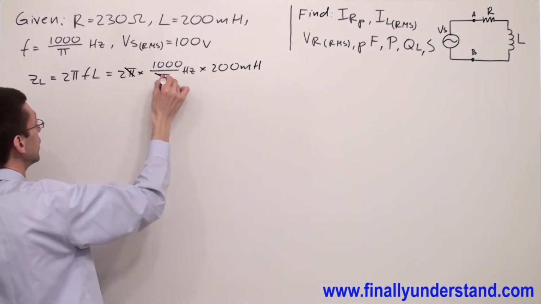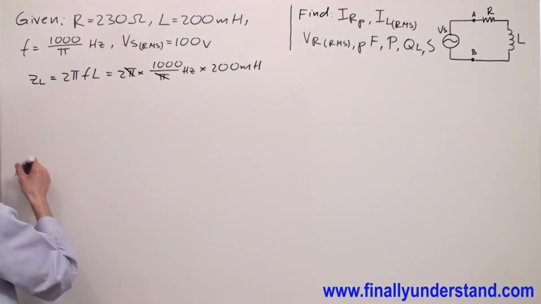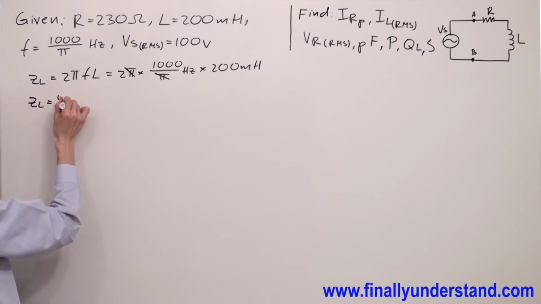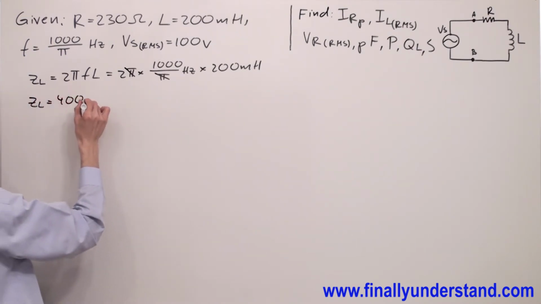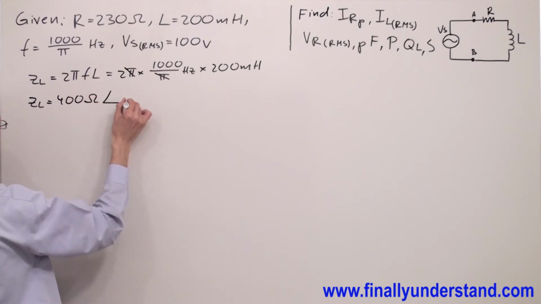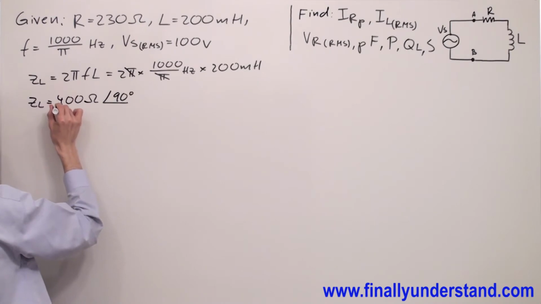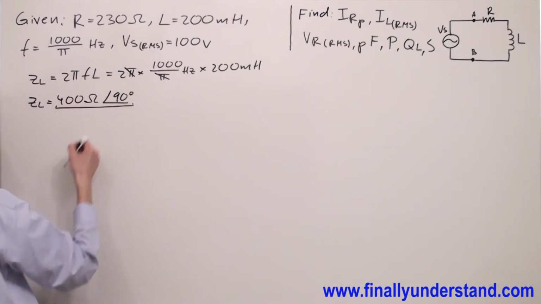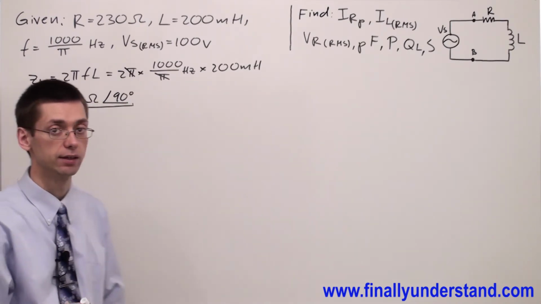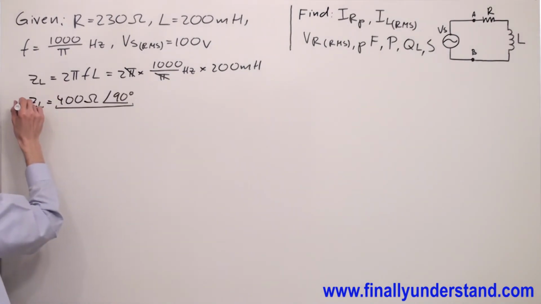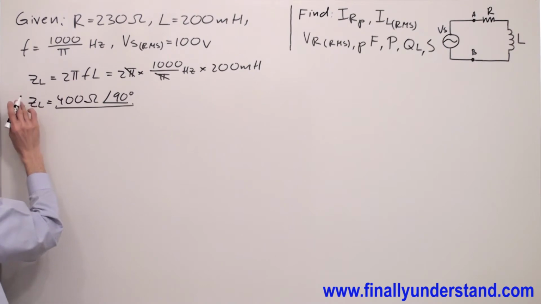Pi and pi will cancel out, so ZL is equal 400 ohms, and don't forget about angle of 90 degrees. ZL goes always with angle of 90 degrees. ZL or X of L, right, is the same thing.